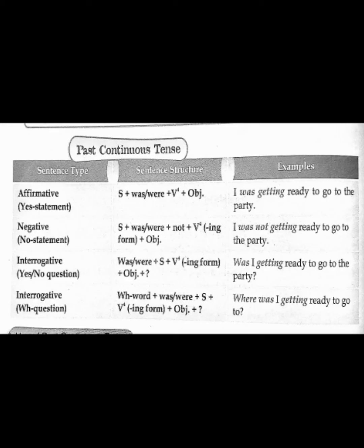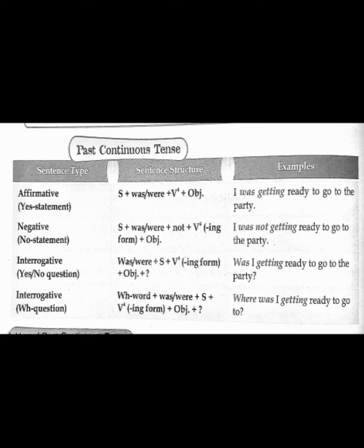In interrogative case, was/were will take the first position. So was/were plus subject plus V4 plus object plus question mark. Question mark is very important in interrogative sentence. Okay. So here was will take the first position. Was I getting ready to go to the party? Question mark.